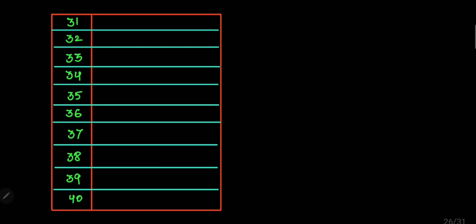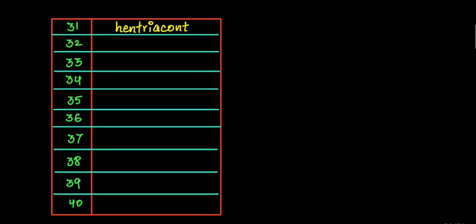Okay, from 31 till 40, just pause the video, try to write the names, and then you cross verify. Thirty-one will be hentriacont or hentriaconta. 32 will be dotriaconta. 33 will be tritriaconta.